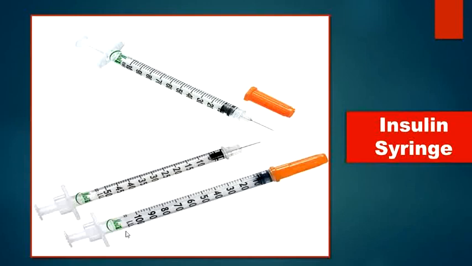From its name, insulin, it doesn't mean it is only for insulin. It has multiple uses. You see it is small, it is 1 ml, but this 1 ml is divided into 100 units. So anything we calculate in units, we use the insulin syringe.